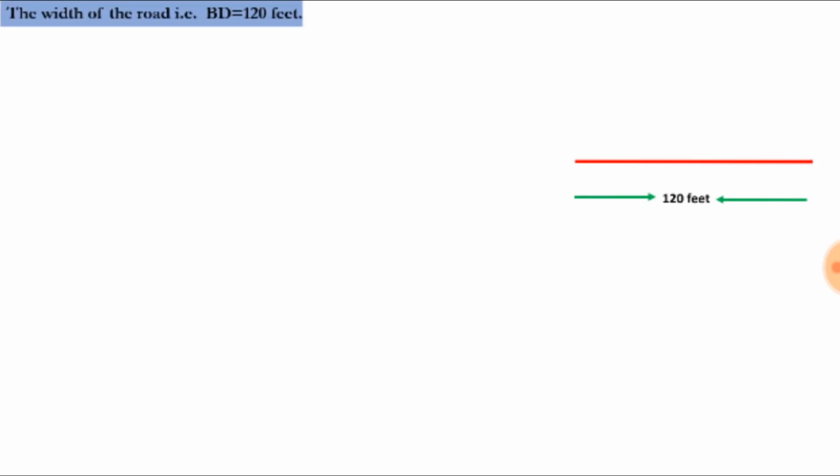Let us first draw the rough diagram for the given situation. A road 120 feet wide is given. On this road, on either side, the two poles are erected, which have equal height. Let us assume their height as h feet.